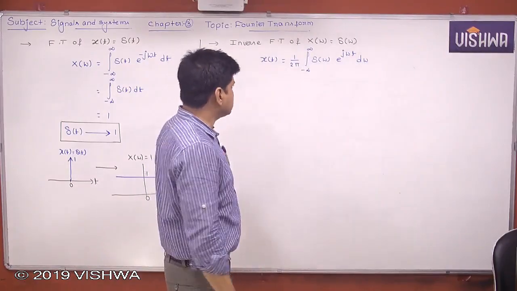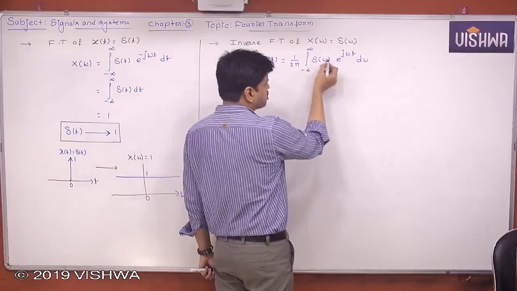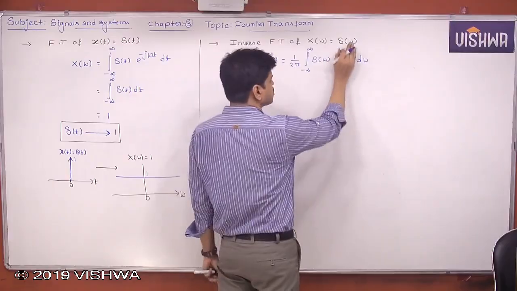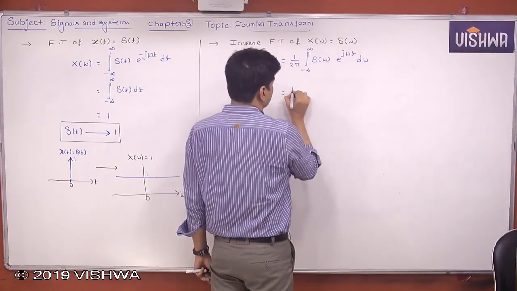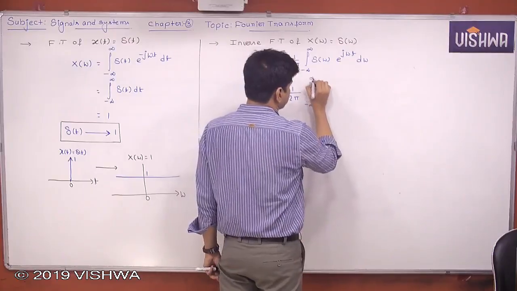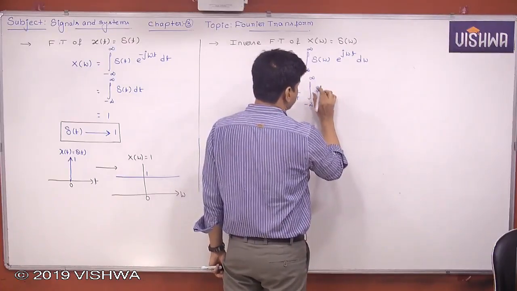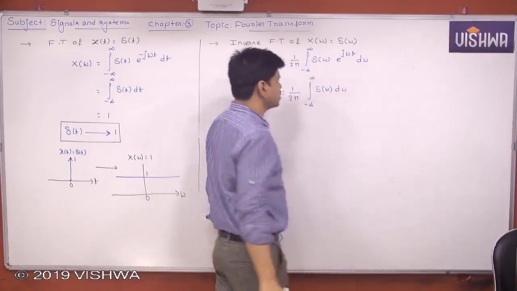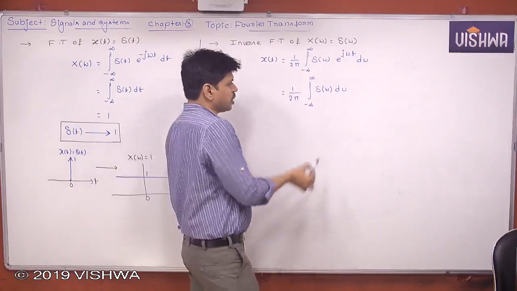What do you mean by that? If any function is multiplied with delta omega, omega has to be replaced with 0. Then the exponential part is going to be 1. So 1 by 2 pi integral minus infinity to infinity delta omega d omega. What is this integral value?